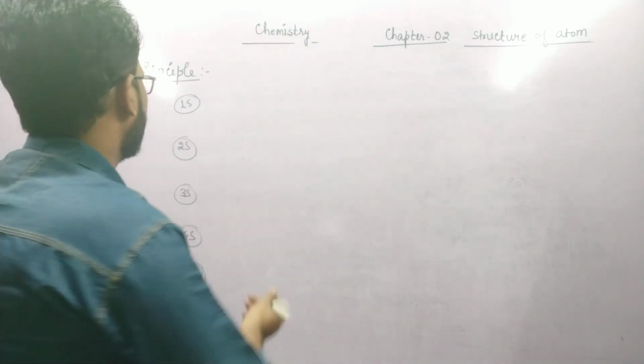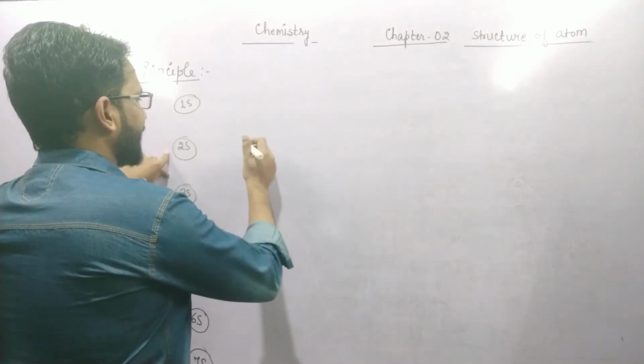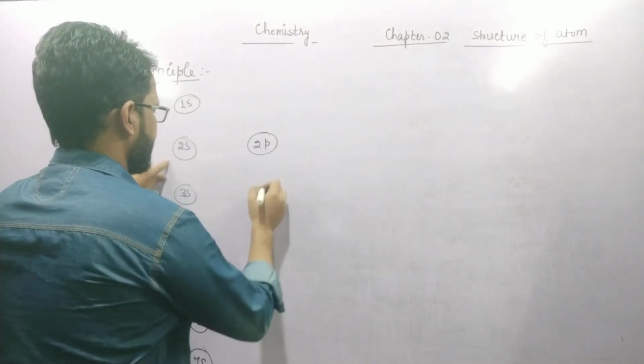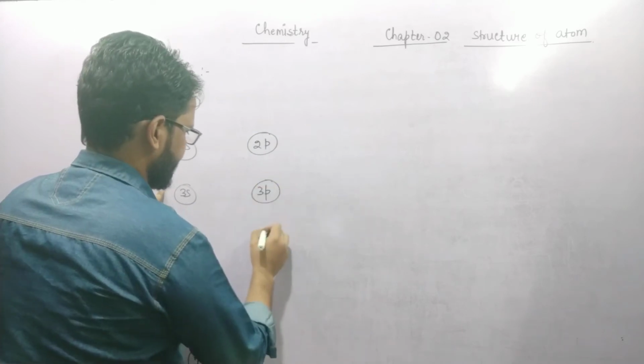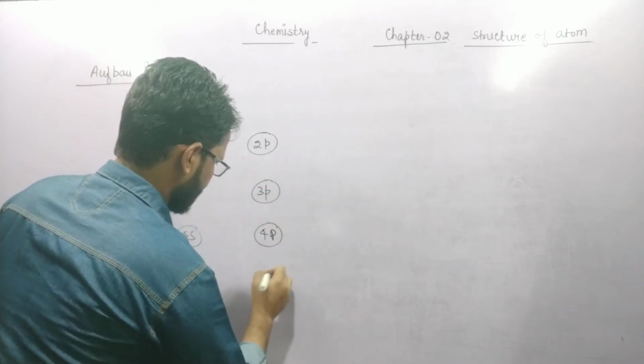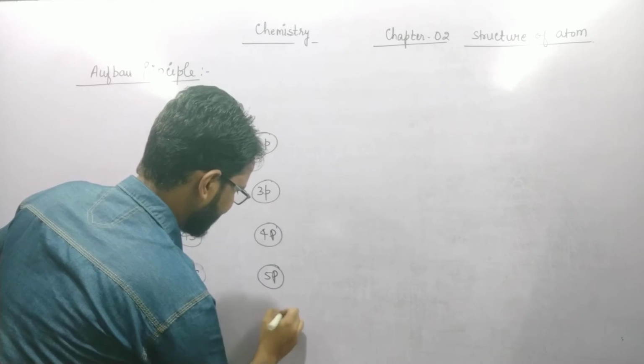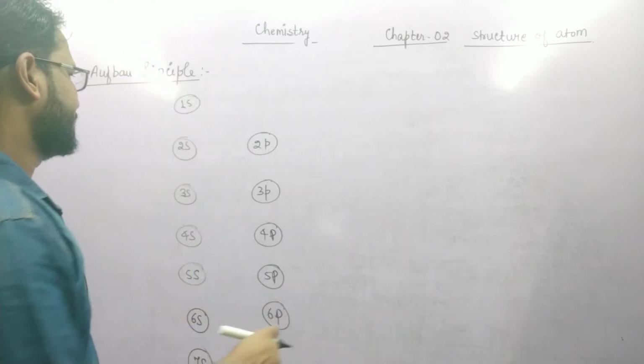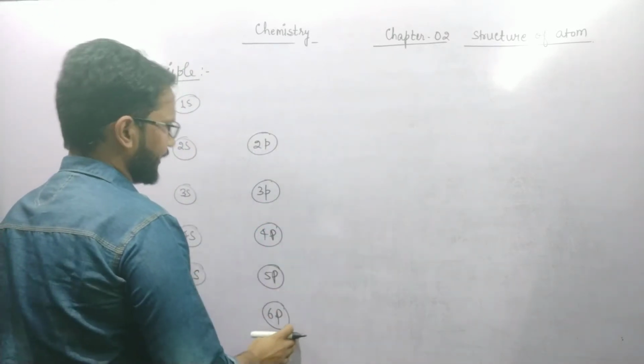Is it clear? Now p starts from 2p, 3p, 4p, 5p and 6p.